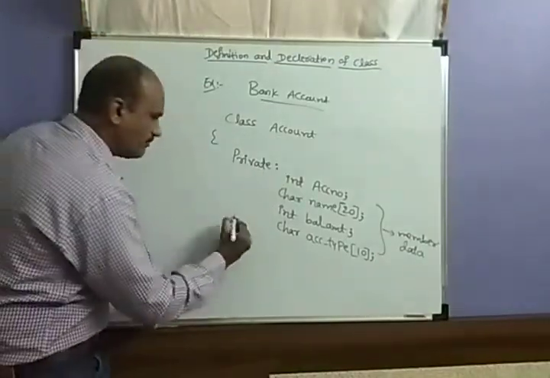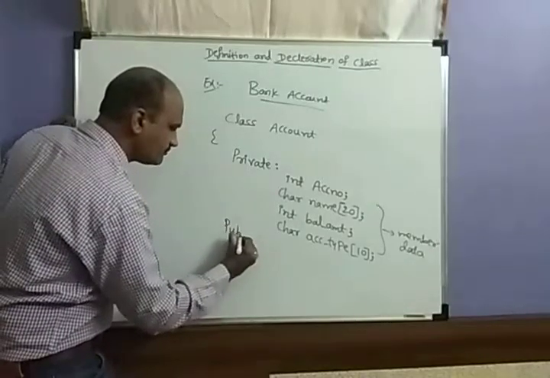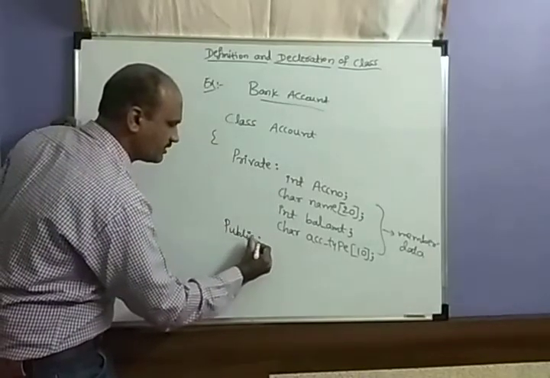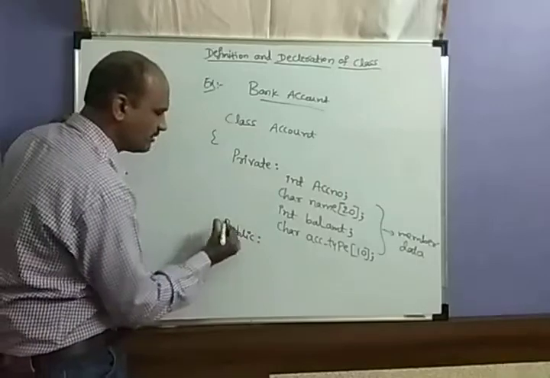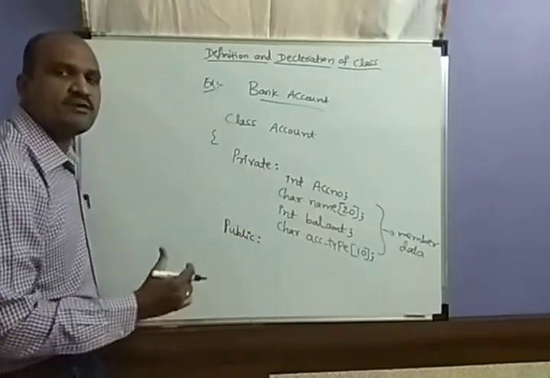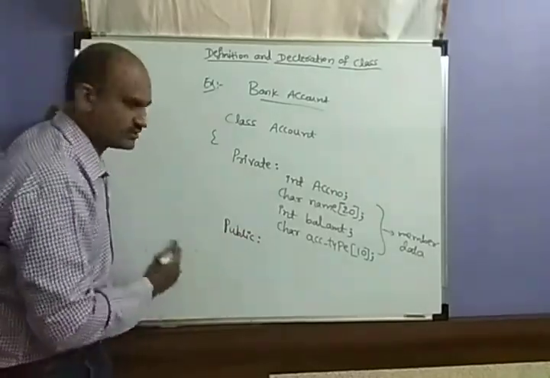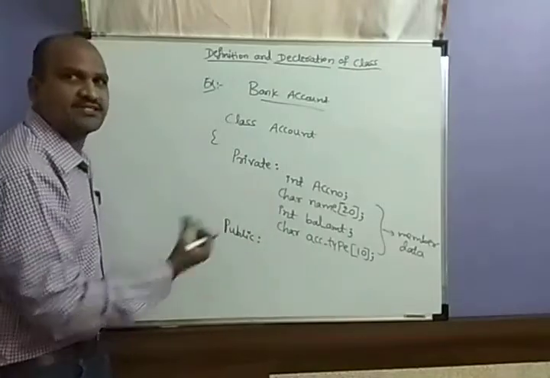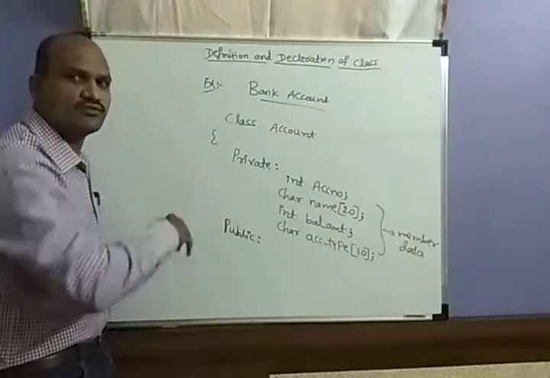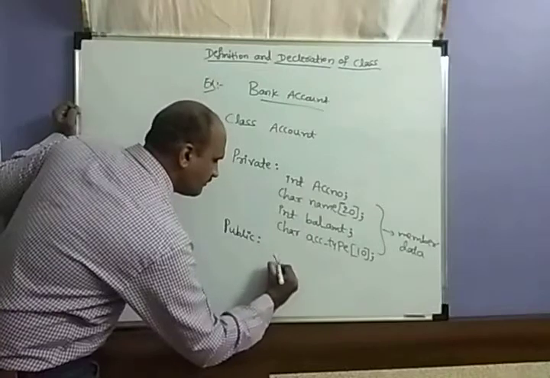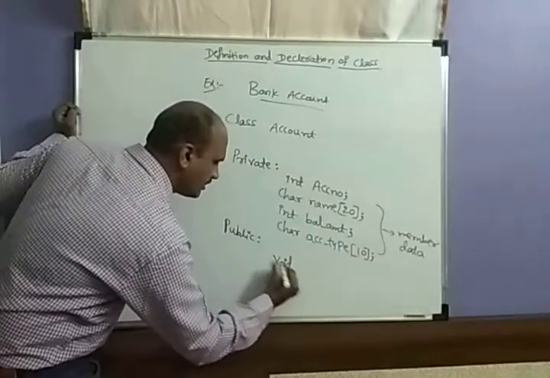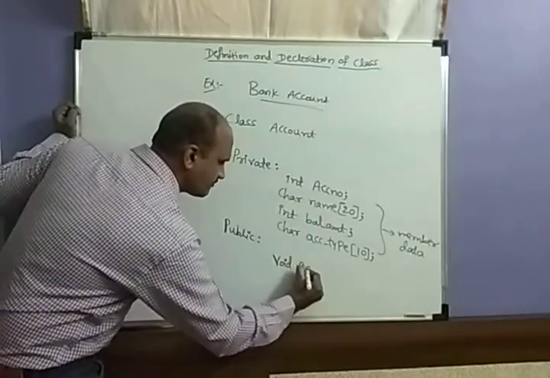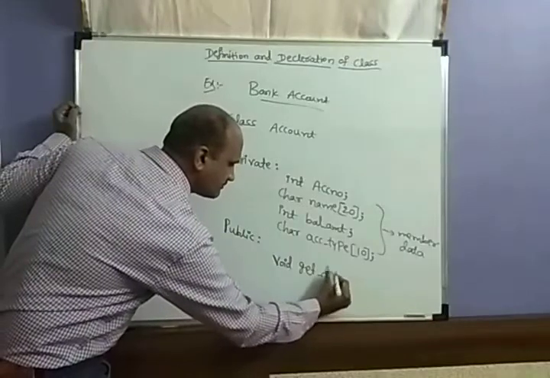Now when you go to the public, as I told you, private and protected work the same. You go to the public, here we should define some functions, that is member functions, to get this access or to do some operations. I will write one function, that is get data.